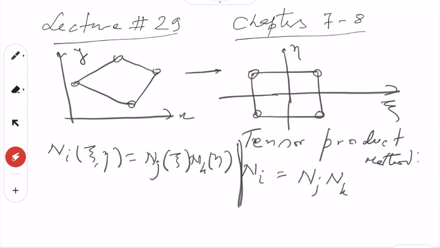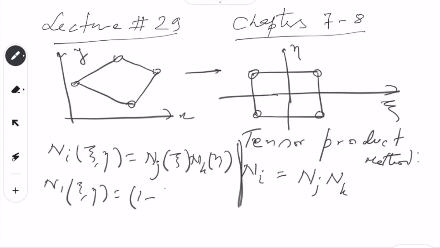So what is, for example, N1(xi, eta)? This will be given by the product of two linear shape functions, one in each direction. Let us say this is N1 we are talking about. Looking in this direction, we have 1 going to 0, so we can write 1 minus xi.